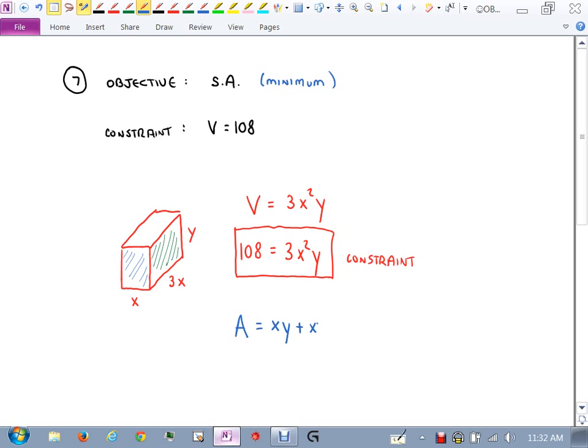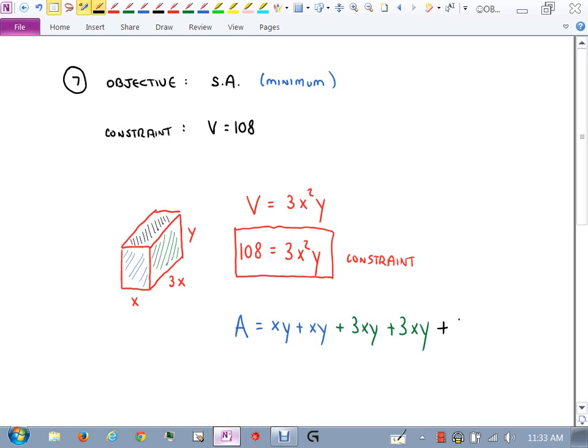xy plus xy plus 3xy plus 3xy plus, what about the top here? x, that's how wide it is, x, and then how long it is 3x, right? So x times 3x is what?